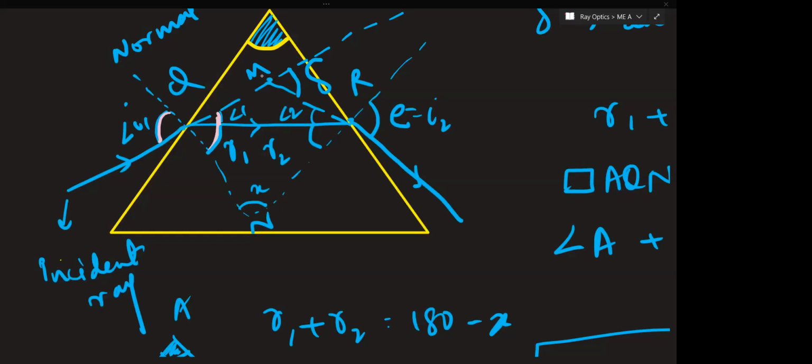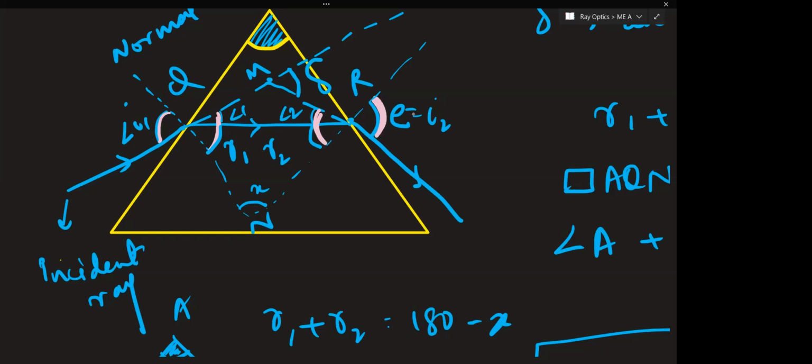Yes, Atif, how much? Angle of incidence only. Why? Vertically opposite angles. Exactly, perfect, Atif. These are forming vertically opposite angles. Like this also, this and this are the same, vertically opposite angles.